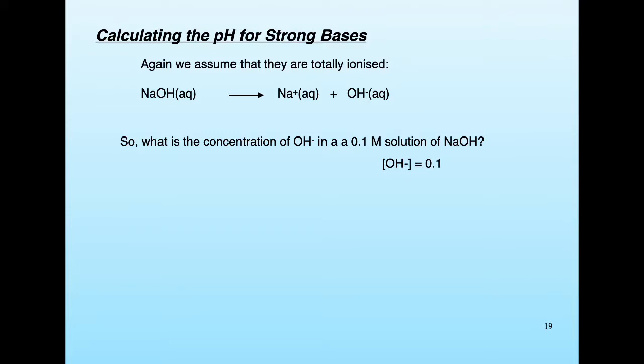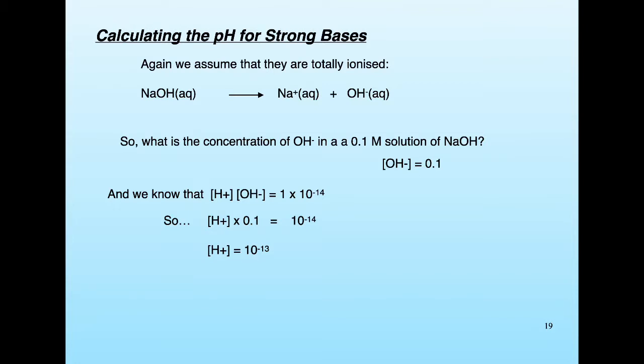It's a 1-to-1 mole ratio. Great. Now this is where our ionic product for water comes in. If we multiply those two terms together, we get 1 times 10 to the minus 14. That is a constant. So if we know that the concentration of hydroxide ions is 0.1, we can plug this in and do the calculation to find the concentration of hydrogen ions.